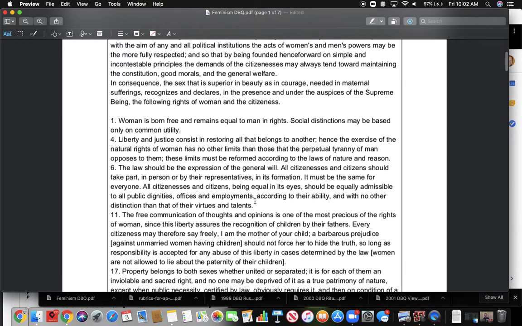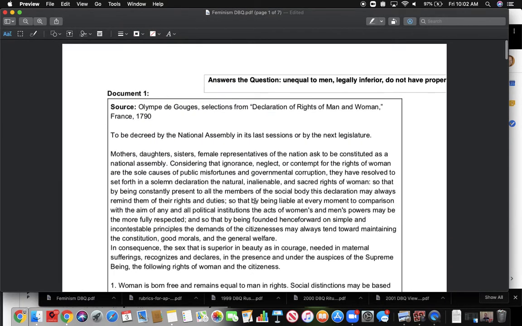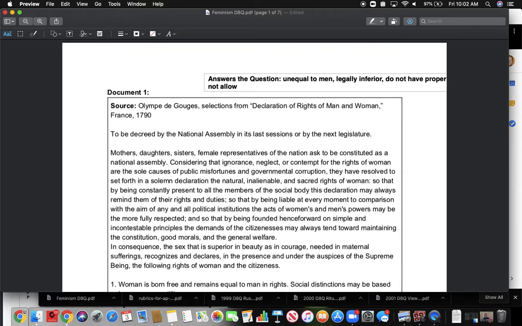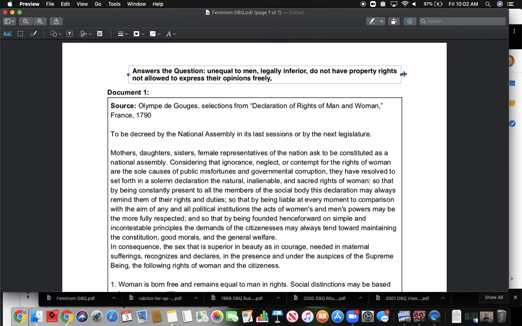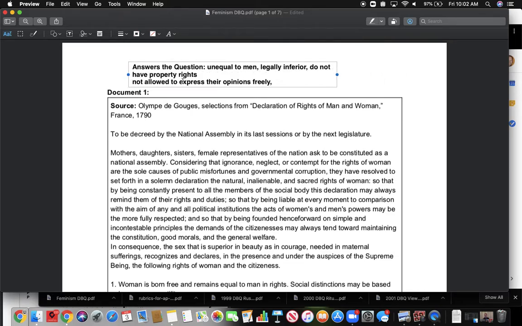What else did I see in here? Women were not allowed to express their opinions freely. So even socially, women weren't expected to be participating in politics.